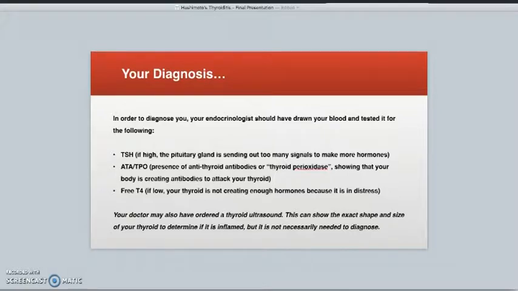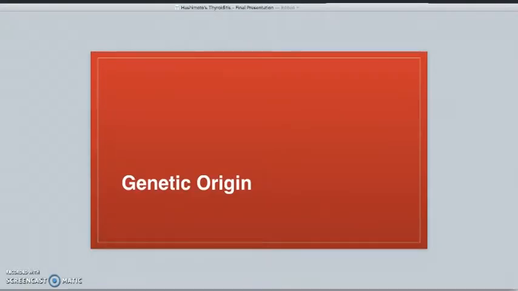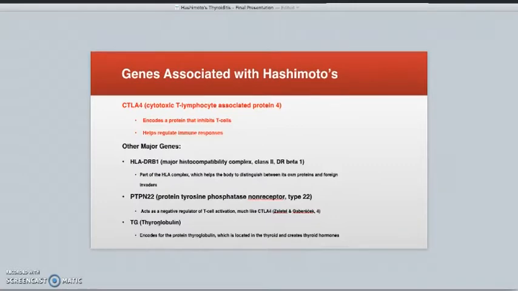So, genetic origin. The genetic origin of Hashimoto's thyroiditis is somewhat vague. We've talked about sickle cell anemia and various other disorders that have been pinpointed over the last 20 or 30 years as having a specific gene associated with them.